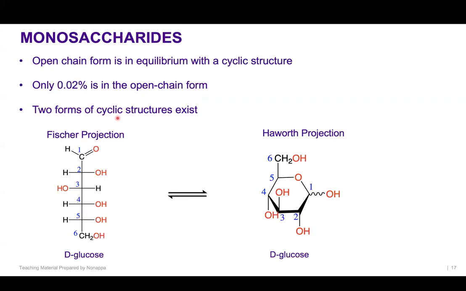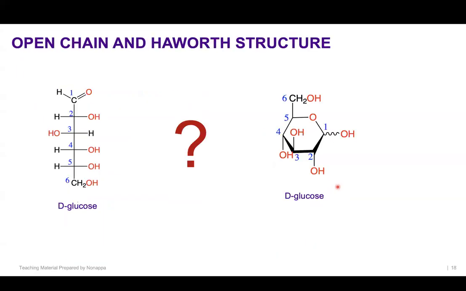This is known as the Haworth projection. And in this particular case, I represented with a wavy arrow. It means this is a new chiral center, but the stereochemistry of this is not known, or it's a mixture of two isomers.